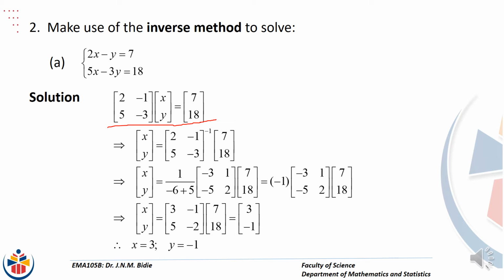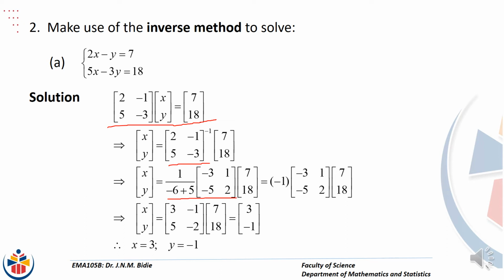As long as you know how to find the inverse of a 2 by 2 matrix, then you will be able to solve any given system of equations. So firstly, write the matrix format. Make x, y the subject, that means your variable. So that means it will be A inverse multiplied by the C. Then find A inverse.